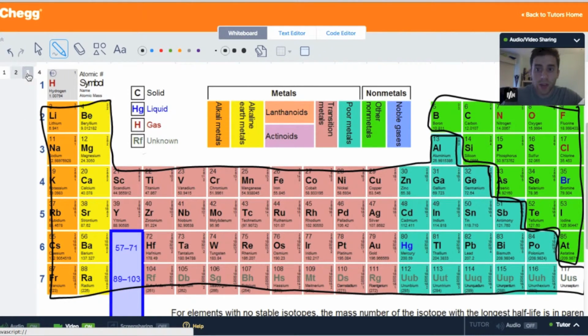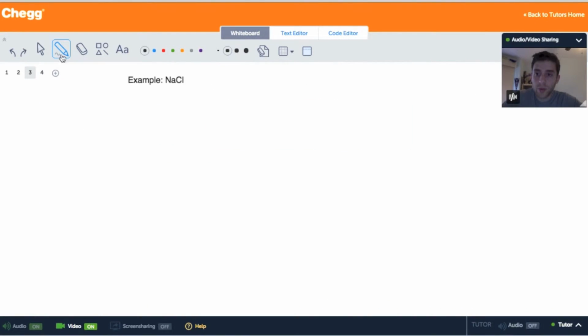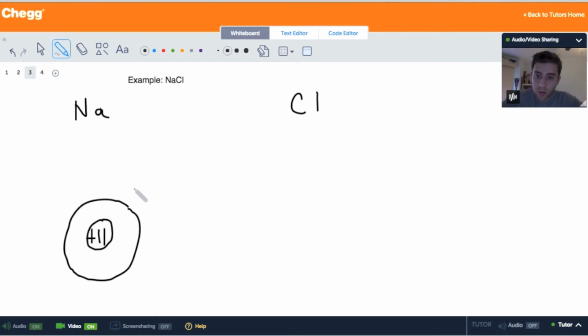So now let's look at a specific example. Sodium chloride. So let's look at the Bohr model of both sodium and chloride. Sodium has 11 electrons, and we'll just draw its nucleus, which is plus 11, and here are the shells of electrons.